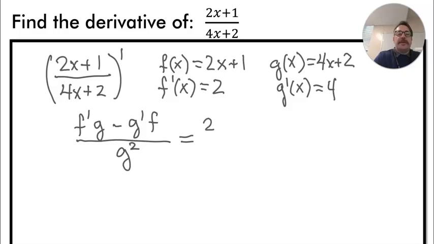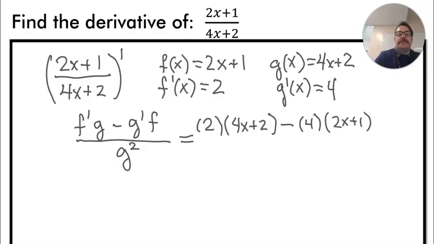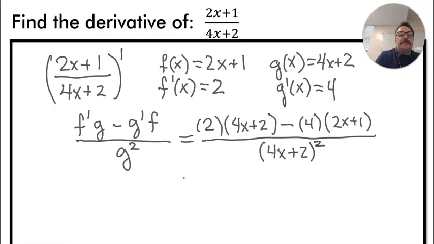So f prime is 2, g is 4x plus 2, g prime is 4, and f is 2x plus 1. Then in the denominator, that's just regular g squared. It's not its derivative squared, it's just regular g with an exponent attached to it. So that would be an unsimplified form.